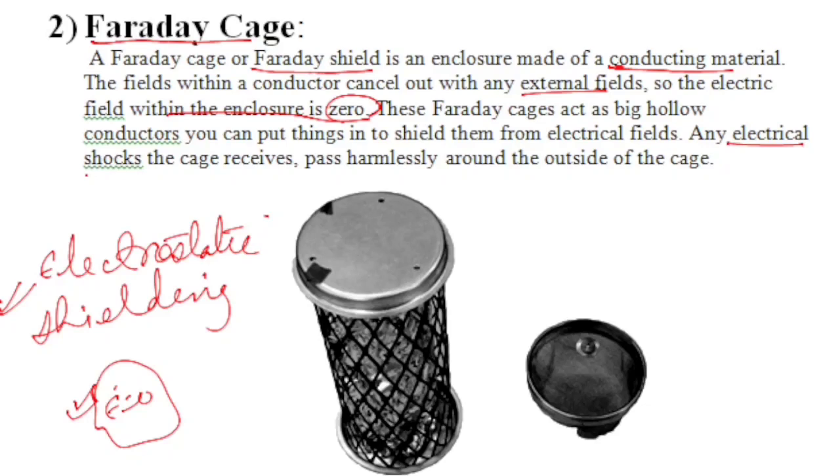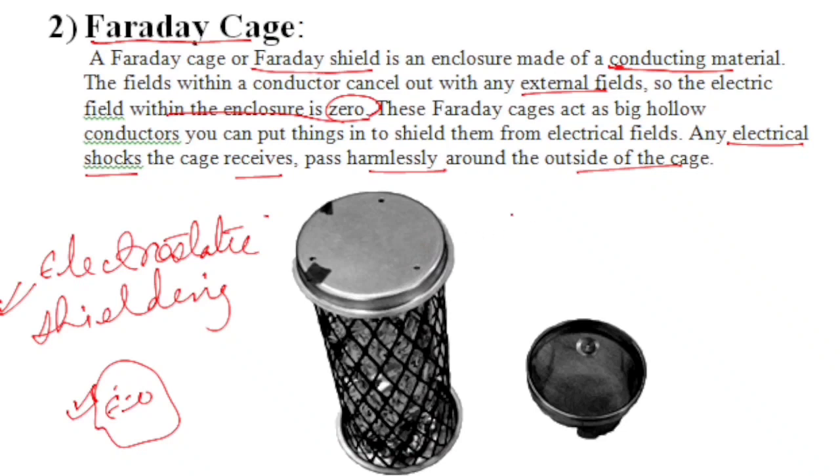Any electrical shocks the cage receives pass harmlessly around the outside of the cage, and you protect the substance which is kept inside the Faraday cage from these electric shocks.